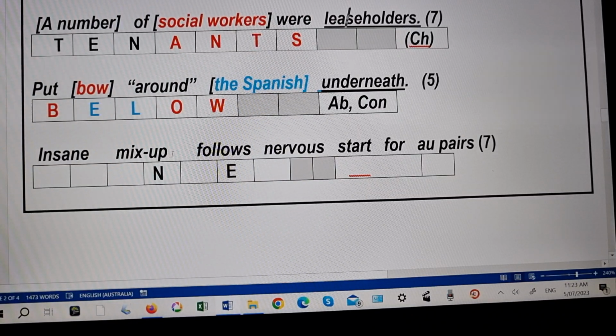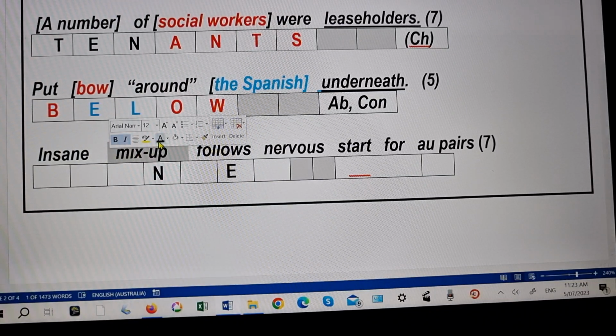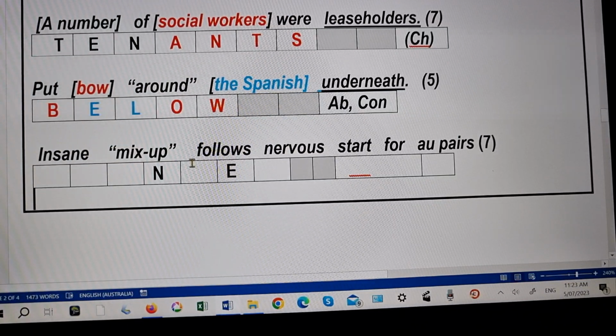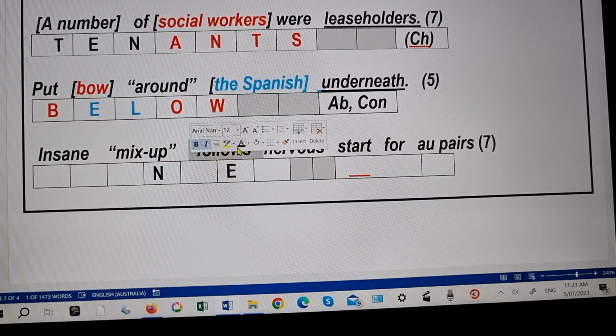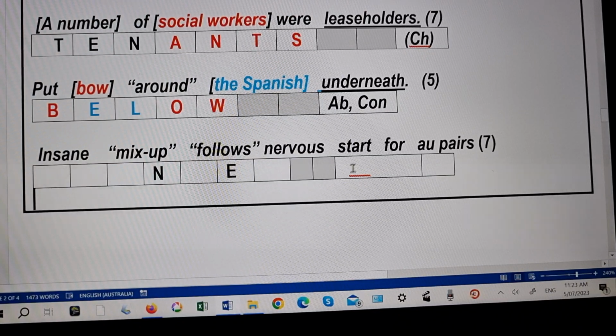Flags. Mix-up could be a flag for an anagram, I would say. Mind you, insane could also be a flag for an anagram. I don't know, but at this stage I'm going with mix-up. Mix-up to me is a pretty good one. Follows nervous start. Follows is a charade flag, I would say. Something comes after something. Now, nervous start. That could be one of your fodders.